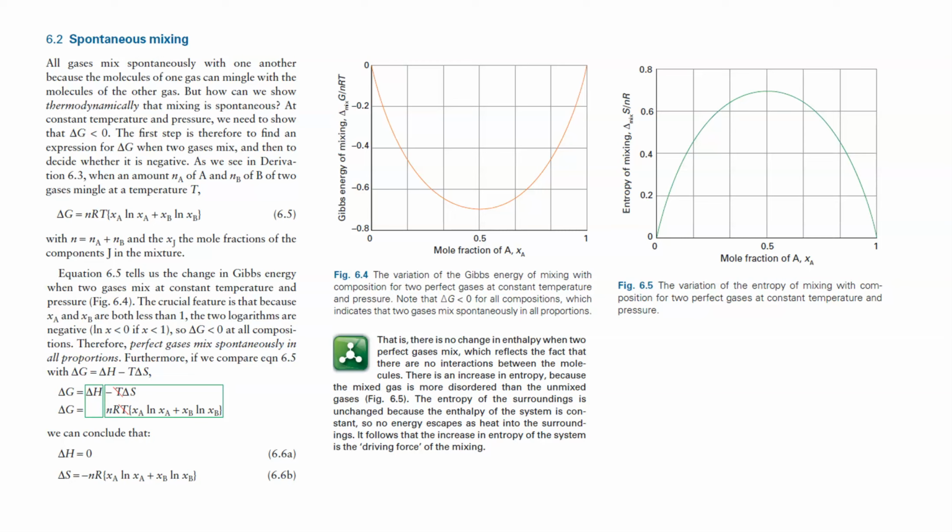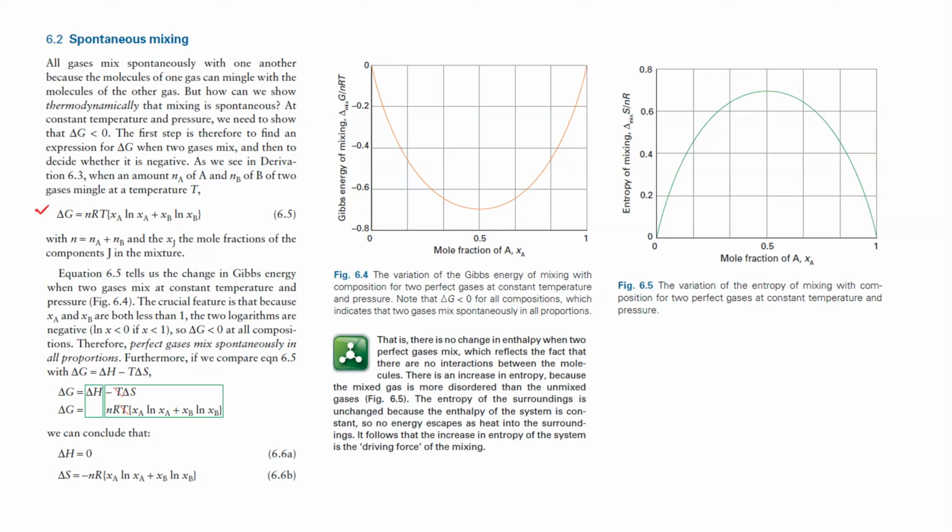As we can see in derivation 6.3 in the text, when an amount n sub A, or molar quantity of A, and n sub B, or molar quantity of B, of two gases mingle at temperature T, delta G equals nRT times the mole fraction of A times the natural log of mole fraction A plus mole fraction B times the natural log of mole fraction B, with the number of moles n equal to the number of moles of A plus the number of moles of B, and with x sub J the mole fractions of the components J in the mixture.